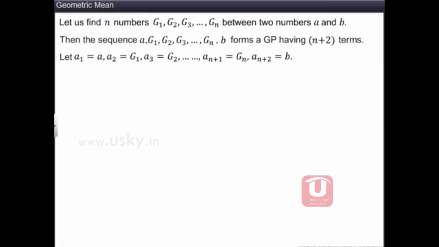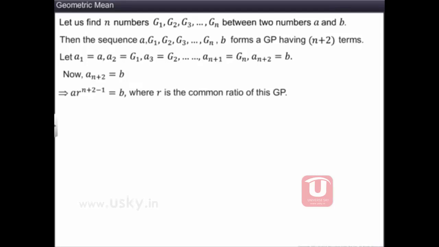Now n plus 2th term is b. This implies a into r raised to the power of n plus 2 minus 1 is equal to b, or a into r raised to the power of n plus 1 is equal to b, or r raised to the power of n plus 1 is equal to b upon a.